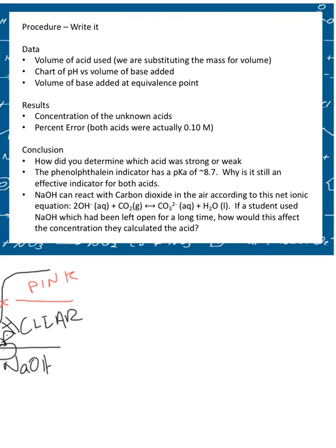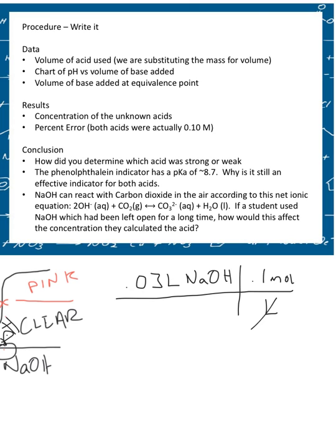So let's say that your equivalence point volume, just to be easy, was 30 milliliters. So we've got 0.03 liters of NaOH. The concentration of everybody's NaOH was 0.1 molar. So 0.1 moles per liter.